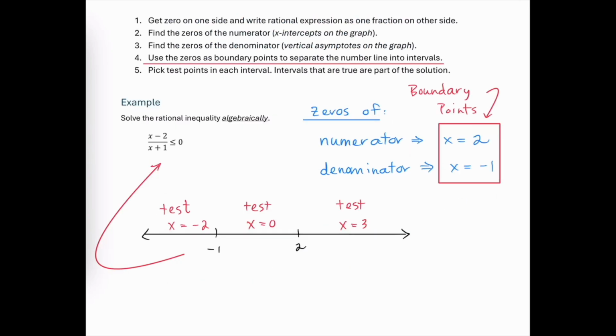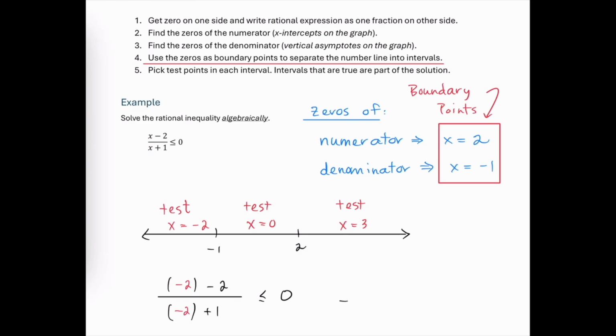Now we test these values back into the original inequality to see if they make a true statement or not. So we'll rewrite our rational expression here. We have x minus 2 over x plus 1, and we want the values that make this less than or equal to 0. And so first we're going to test x is equal to -2, so we plug -2 in for each of these x values.